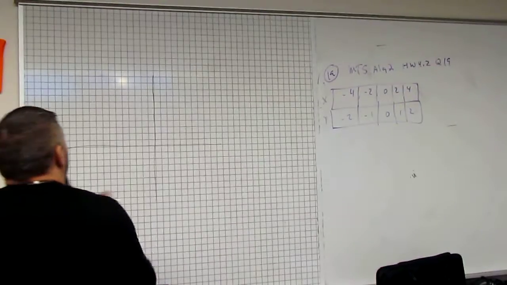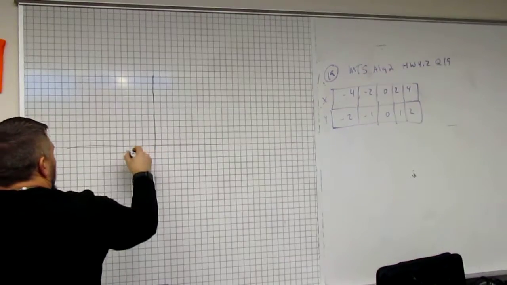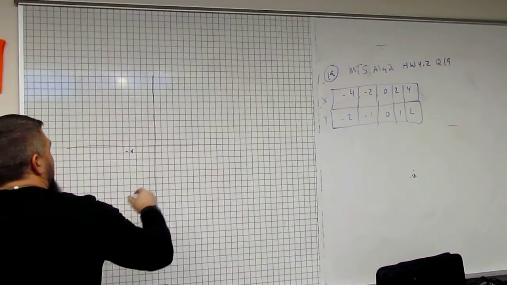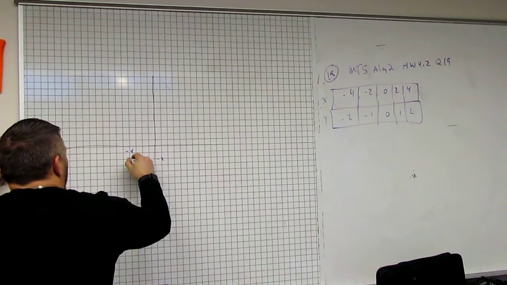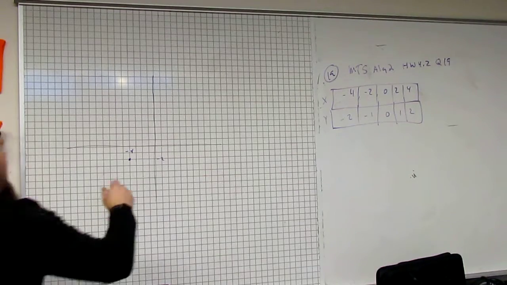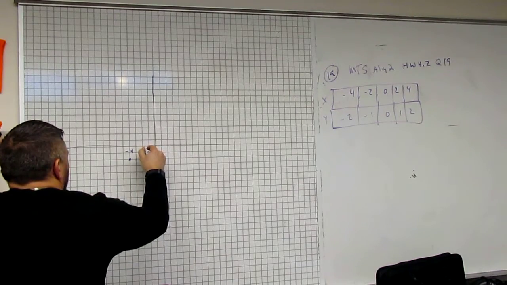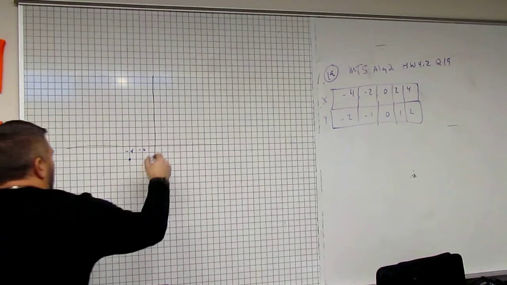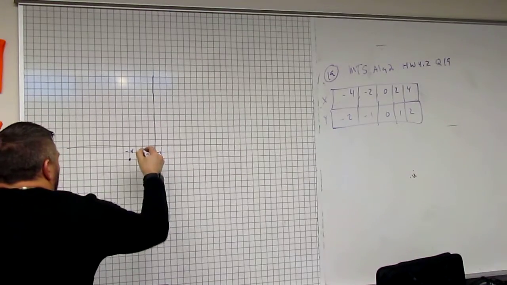So we got -4 is x. Right? So -4 and -2 is y. Okay? Then we've got -2 for x. Okay? And we have -1 for y. Okay?